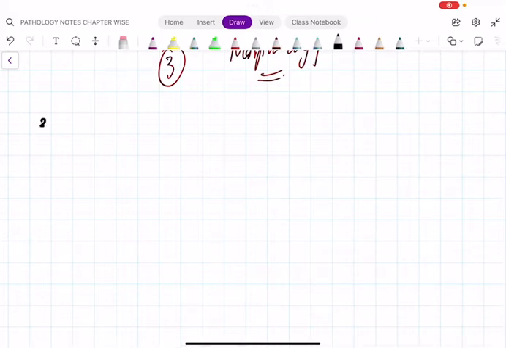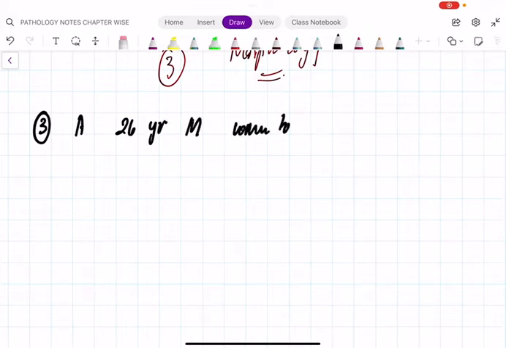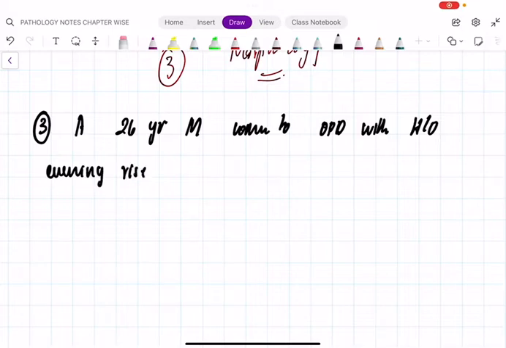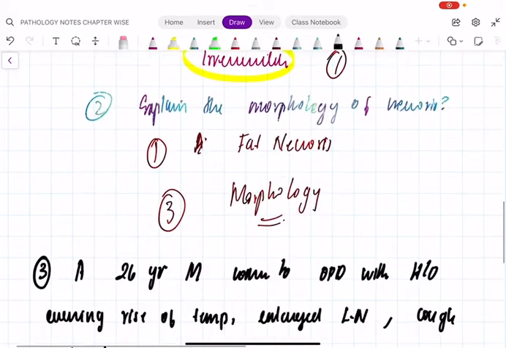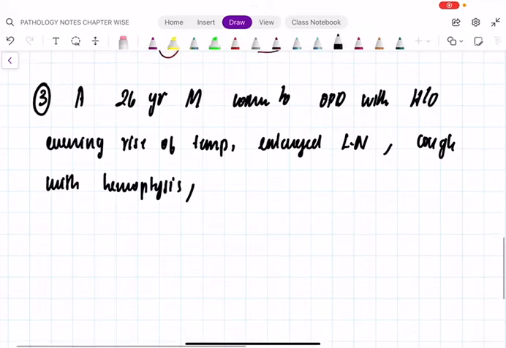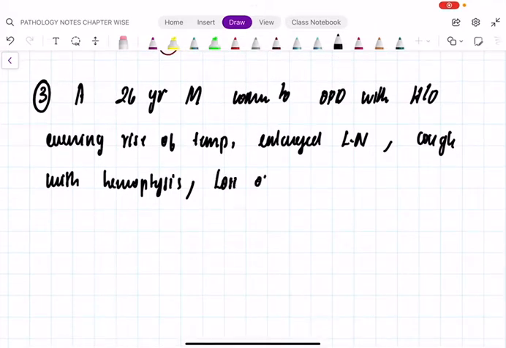Let us write the third question. A 26-year-old male comes to OPD with history of evening rise of temperature, enlarged lymph nodes, cough with hemoptysis, loss of weight.